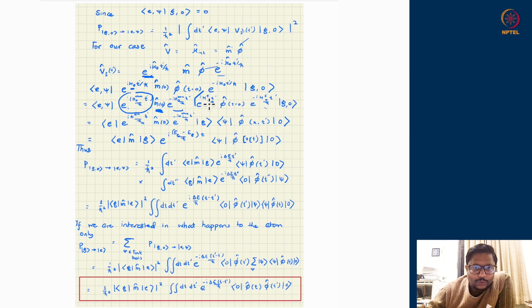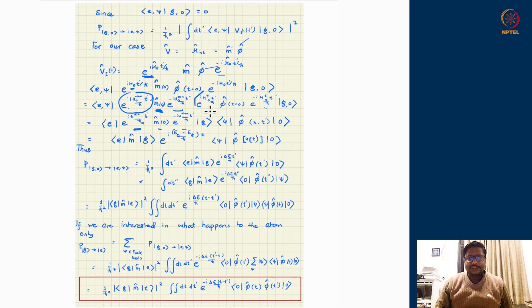They will just give you time-evolved field operators and the time-evolved monopole operator of the atom, because this is U dagger on the operators. But let us not write it in that way. I just keep the atomic part as a unitary times the operator times U dagger, while the field I write in terms of the time-evolved field.